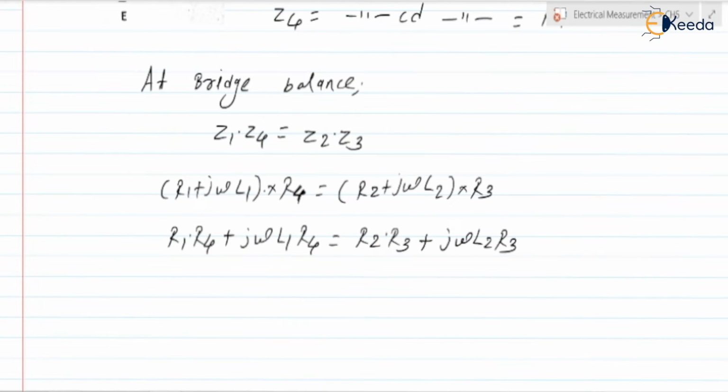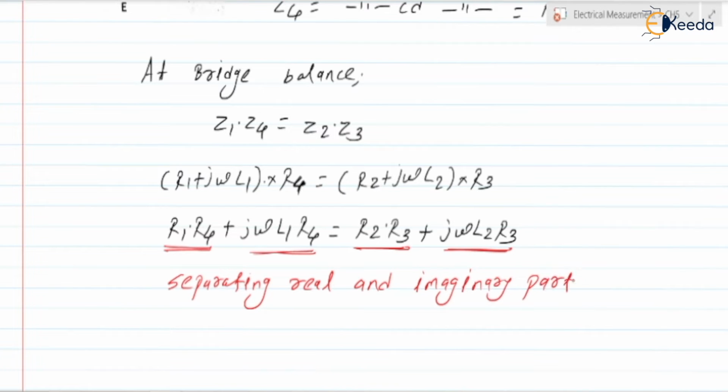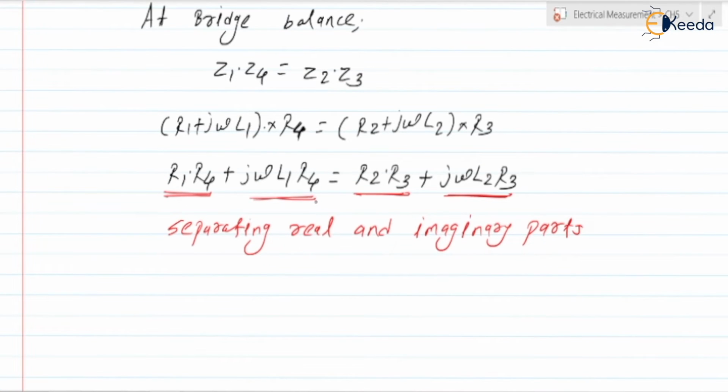So here if you check at the left hand side, we are having the real part and this is the imaginary part. At the right hand side, this is the real part and this is the imaginary part. So we can write, separating real and imaginary parts, as left hand side should be equal to right hand side.